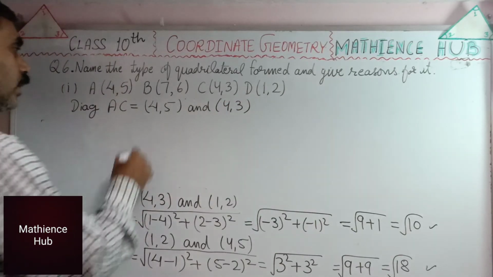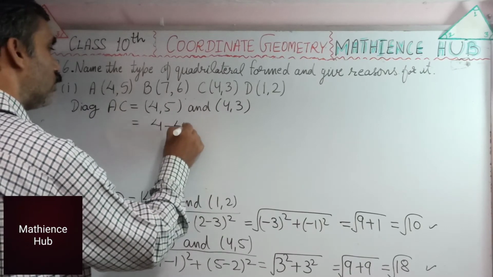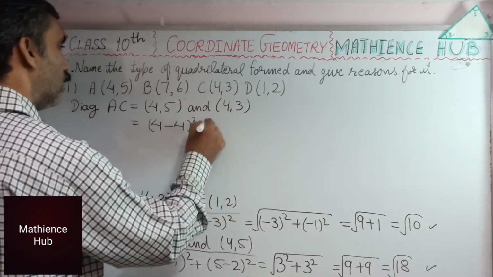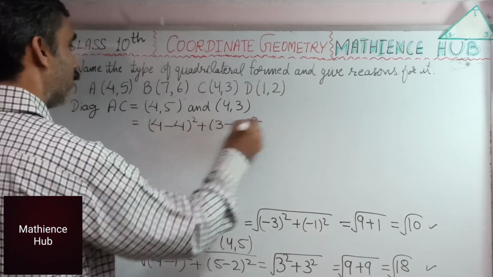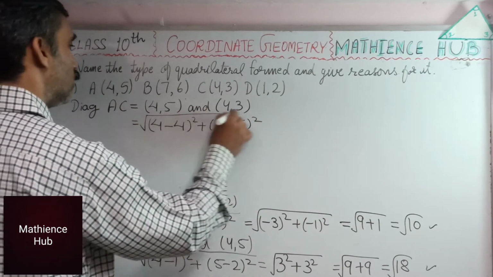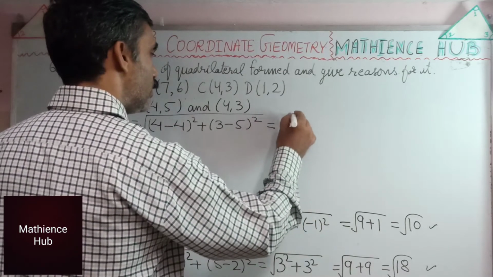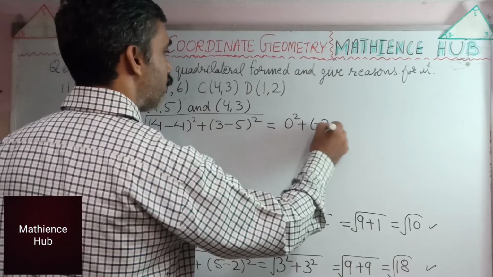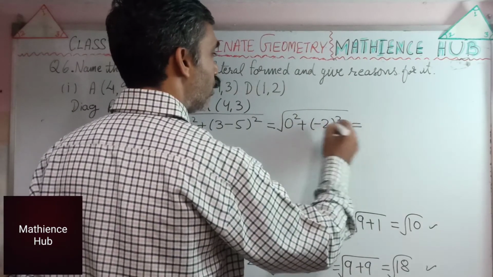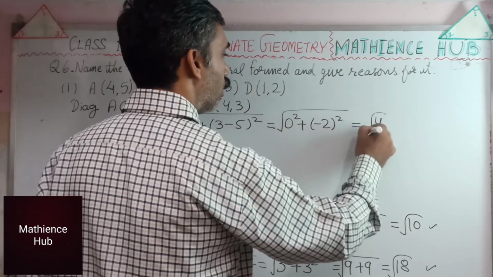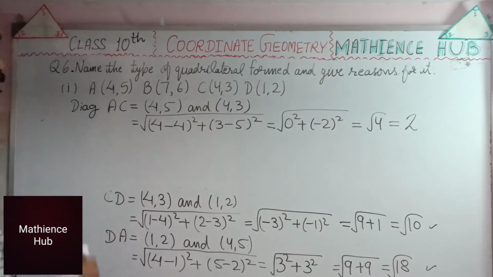Using the distance formula, x2 is 4, x1 is also 4, y2 is 3, y1 is 5. So 4 minus 4 is 0, 3 minus 5 is minus 2. 0 square is 0, minus 2 square is 4. So we get AC is 2.